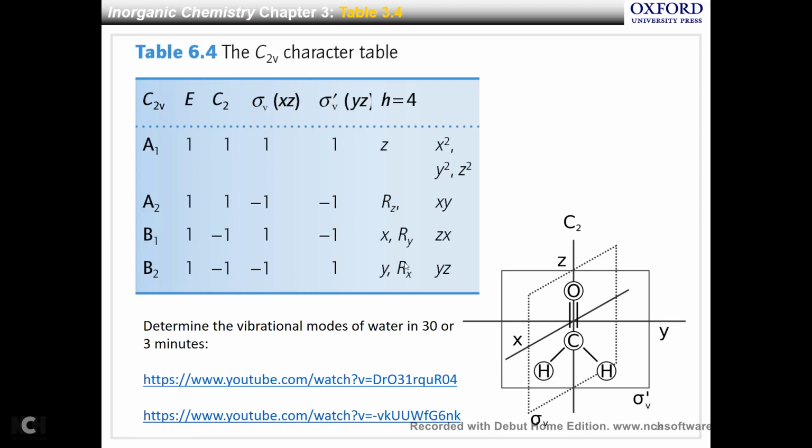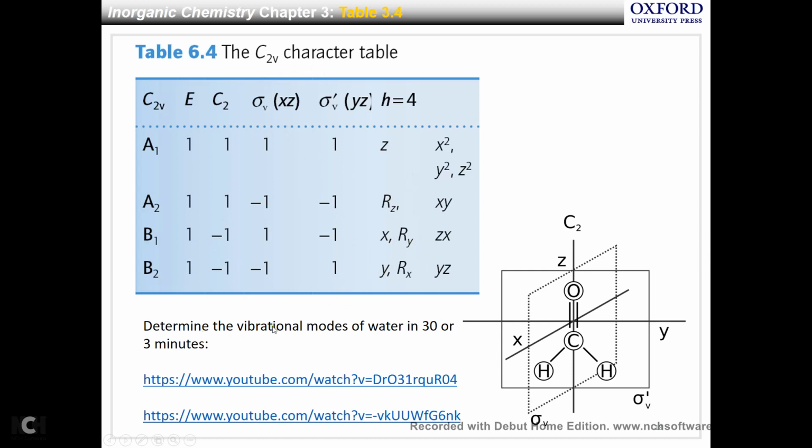Then you look at the direction of your thumb to check if you do a C2 operation, whether the direction of your thumb will change or not. All right, so this is how we look at a character table and how to use it.